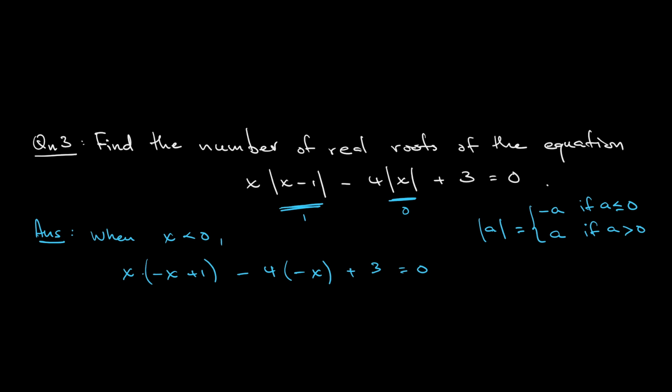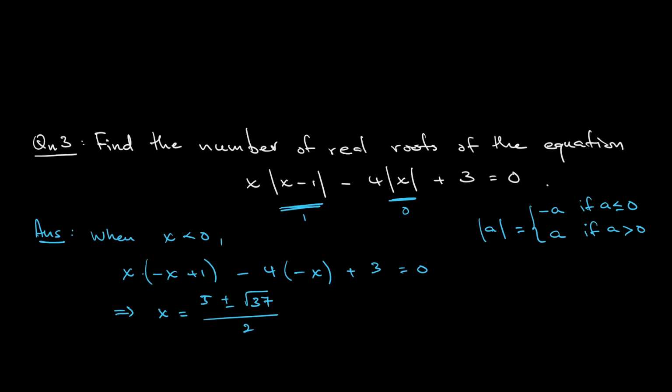Opening the bracket, expand and simplify, you will get a quadratic equation. Right? So after getting the quadratic equation, solve it, and you will get the solution as 5 plus minus the root of the discriminant, 37, divided by 2.